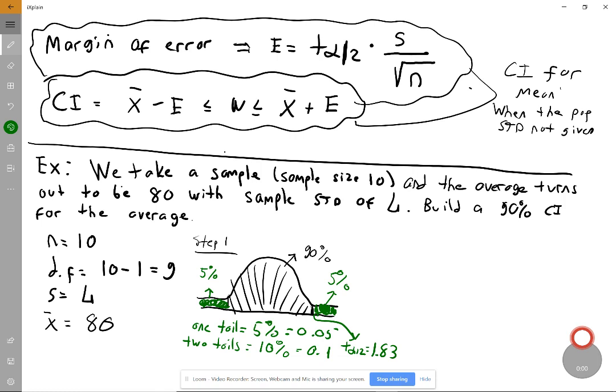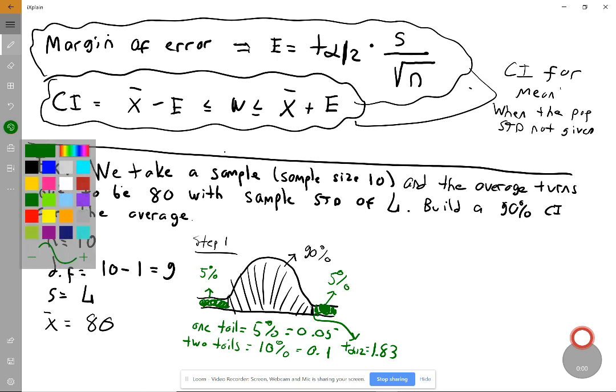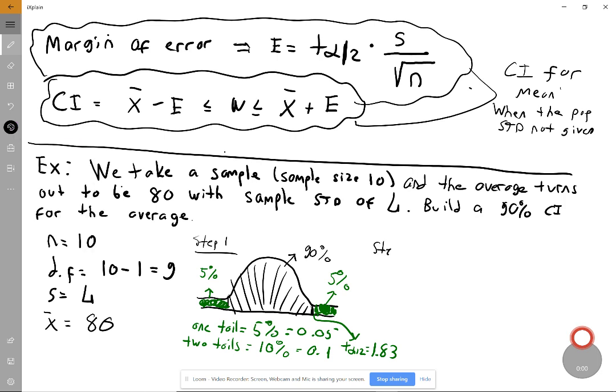All right, so the rest is pretty easy actually. Let's do it in black. Step number 2, you plug those numbers into the equation: 80 minus 1.83 times 4 divided by the square root of 10 is less than or equal to mu, which is less than or equal to 80 plus 1.83 times 4 divided by the square root of 10.